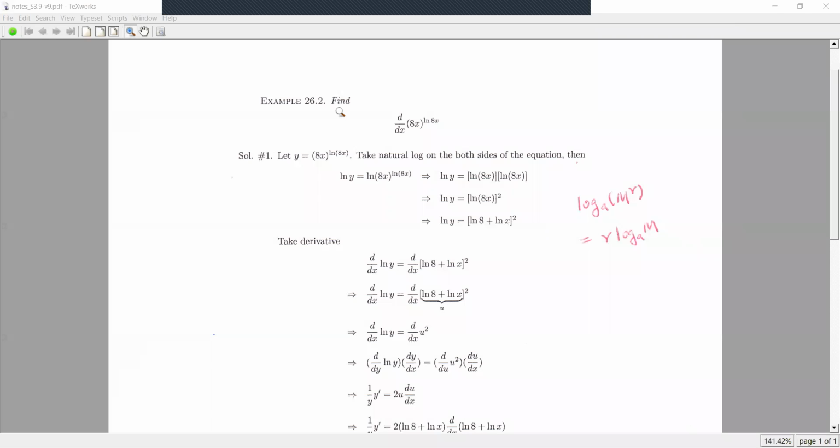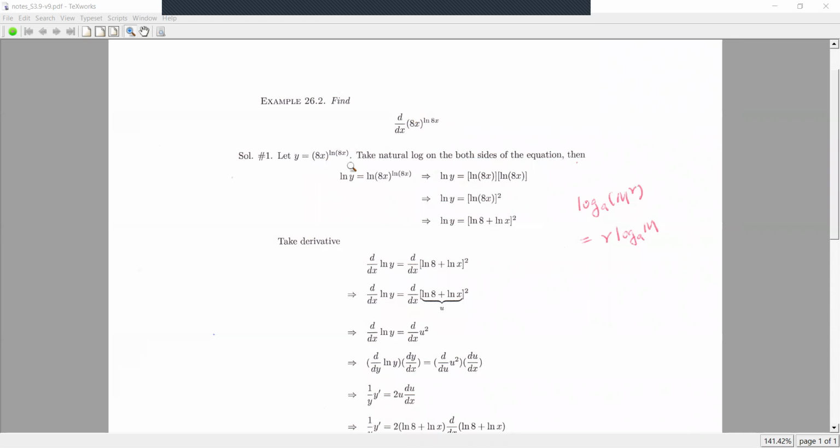Example 2. Find the derivative of this tower function. The base is 8 times x. The power is natural log of 8 times x. To simplify the function, I let y equal the function.